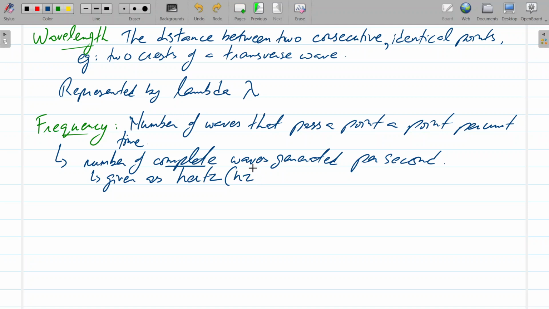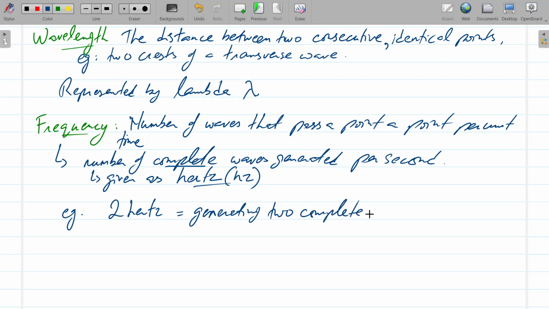So if, for example, a wave has a frequency of 2 hertz, that means the wave has two complete waves per second. What's a complete wave?